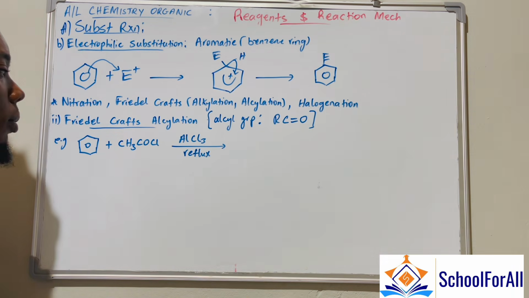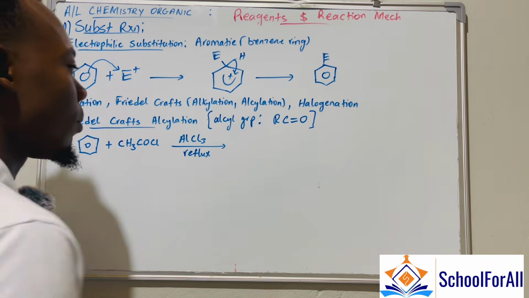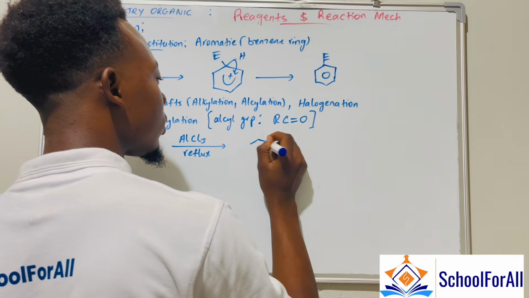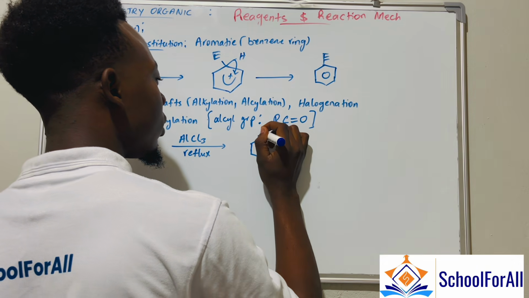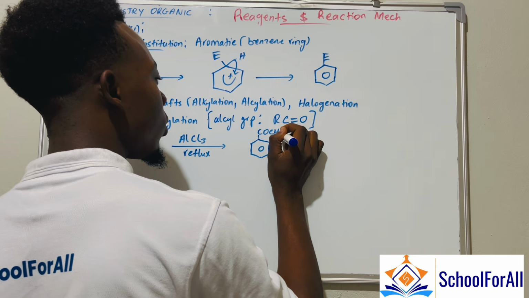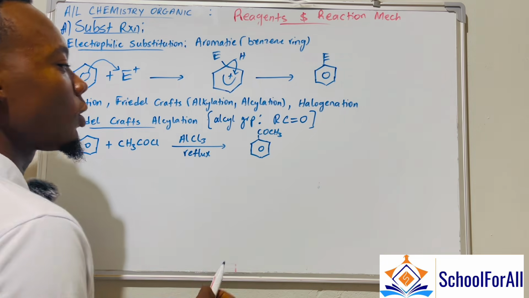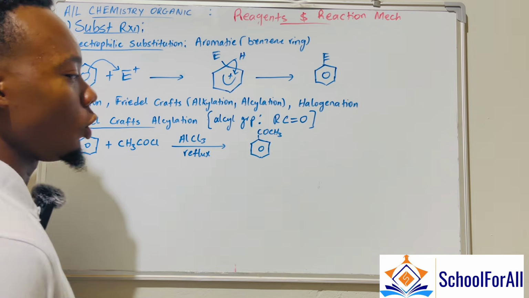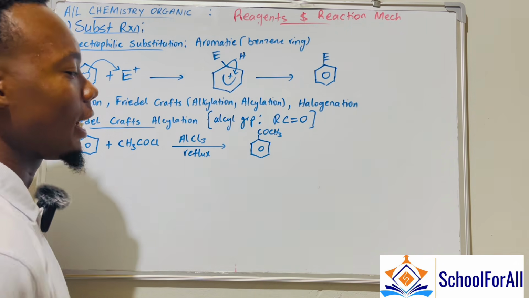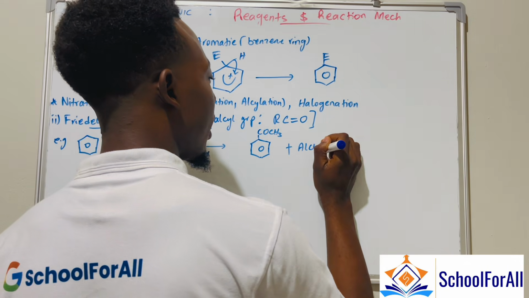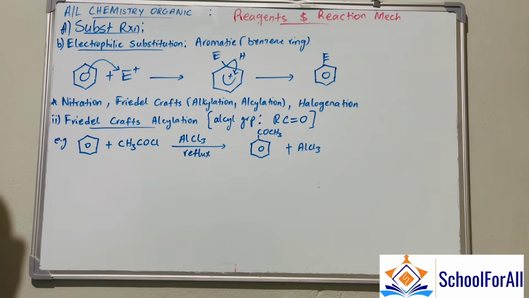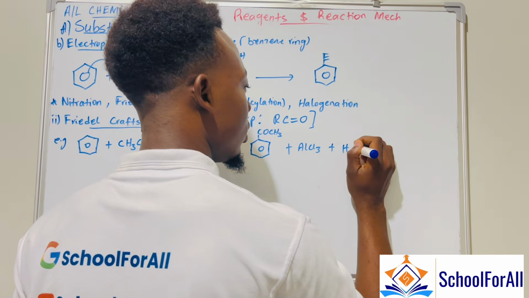I will replace my hydrogen which is present here with this alkyl group, and I'm going to form such a compound, which is called phenylethanol. As usual my acid will be formed back at the end of the reaction, and of course there will be an HCl.